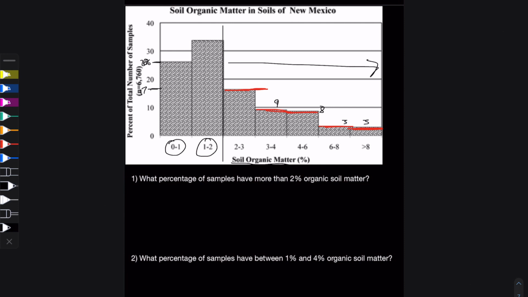So let's add those up. 17 plus 9, 26 plus 8, 34 plus 3 plus 3 would be 40. So I would just go ahead and guess 40% here. And that would be more than 2% organic soil matter.